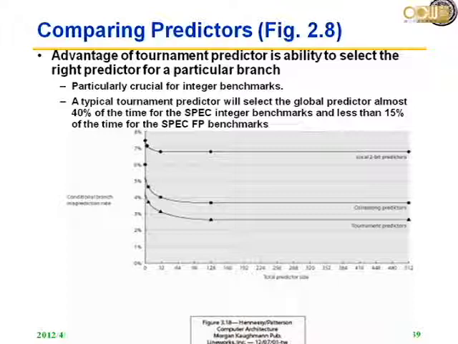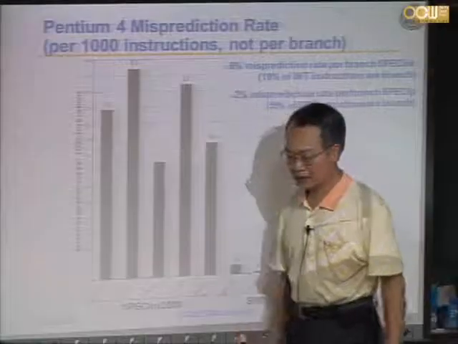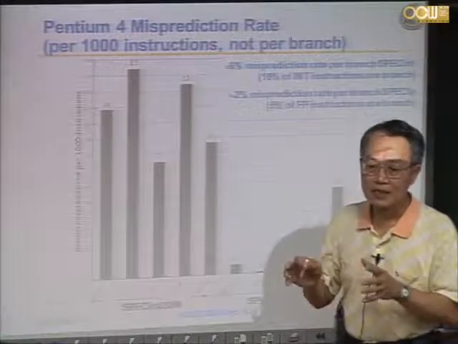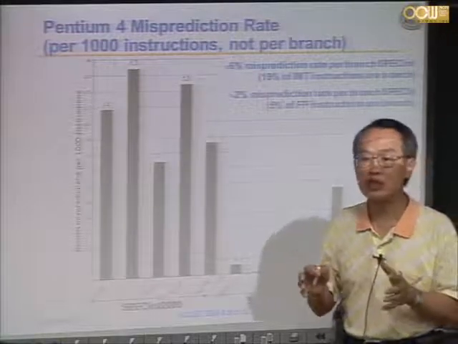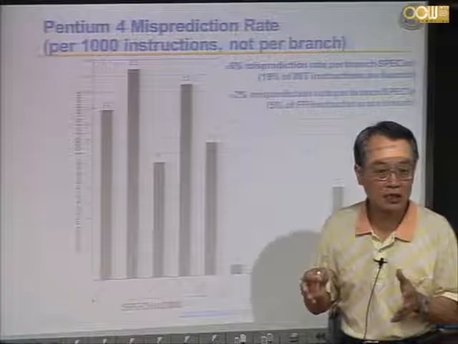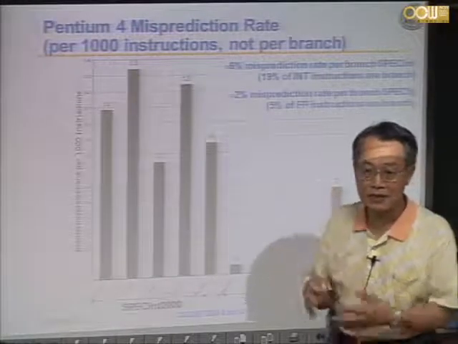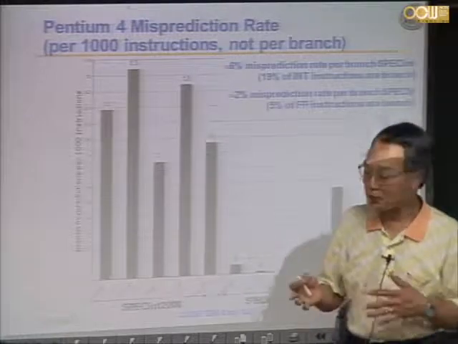Okay, so the pending form is prediction rate per 1,000 instructions, not per branch. Another way to look at branch prediction effectiveness is, since every program may have a different frequency of branch occurrences, the weighting of branches differs from program to program.